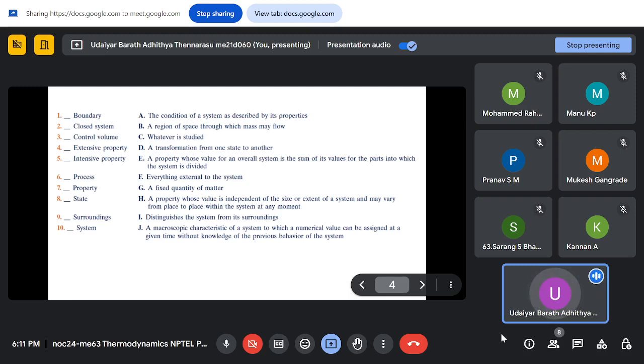The answer for the next one, the closed system. So if you see closed system, anything you do doesn't have any interaction with mass, but you can have energy transfer. You can have a transfer in terms of heat and work, but you will not have any mass transfer.